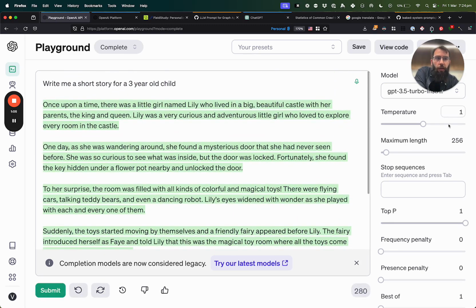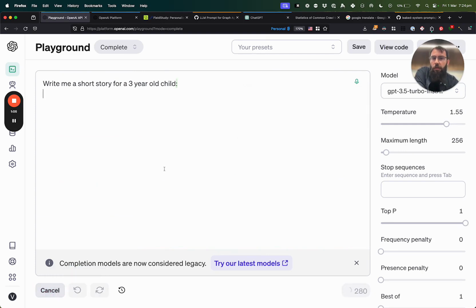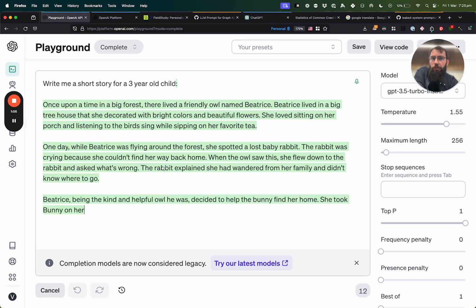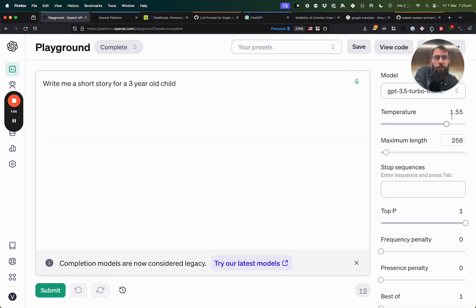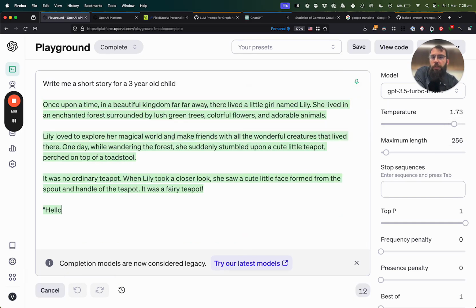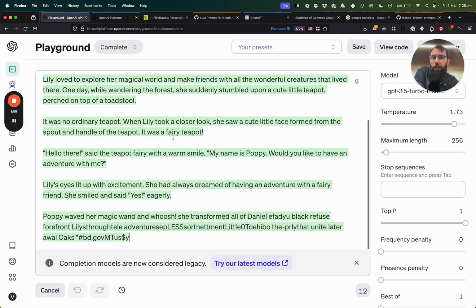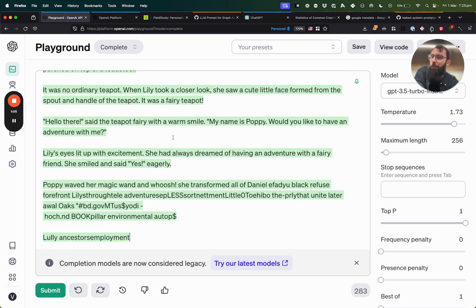Beautiful story. I'm going to increase the temperature, I'm going to go 1.5. Beatrice, okay, talks about some bunnies, it's cool. Let's increase that a little bit more, 1.73. Kingdom, enchanted forest, teapots, poppy, and then what on earth is it talking about now? It's gone completely random, right? So there's a point where it just completely loses its mind because you told it to be totally random.